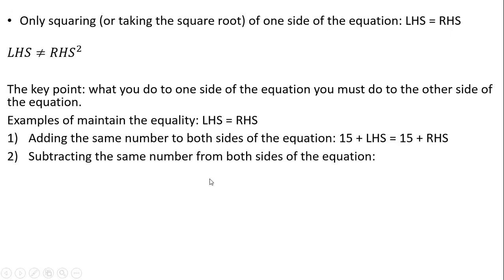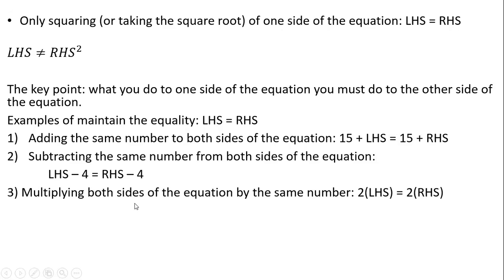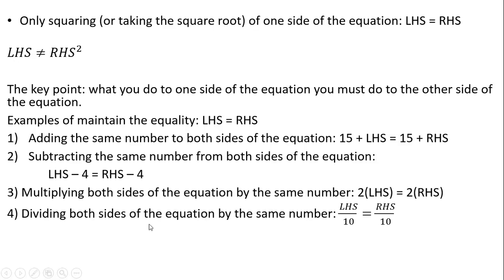If we're going to subtract, we have to subtract the same number from both sides of the equation. So it's okay in this example if we were to subtract, say, 4 from the left-hand side and 4 from the right-hand side. If we were to multiply both sides of the equation by the same number, 2 times the left-hand side will equal 2 times the right-hand side. And dividing both sides of the equation by the same number is also permissible.